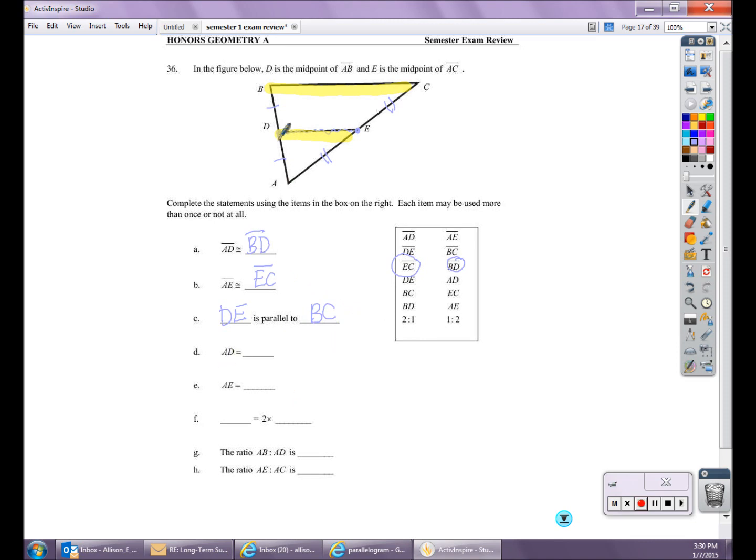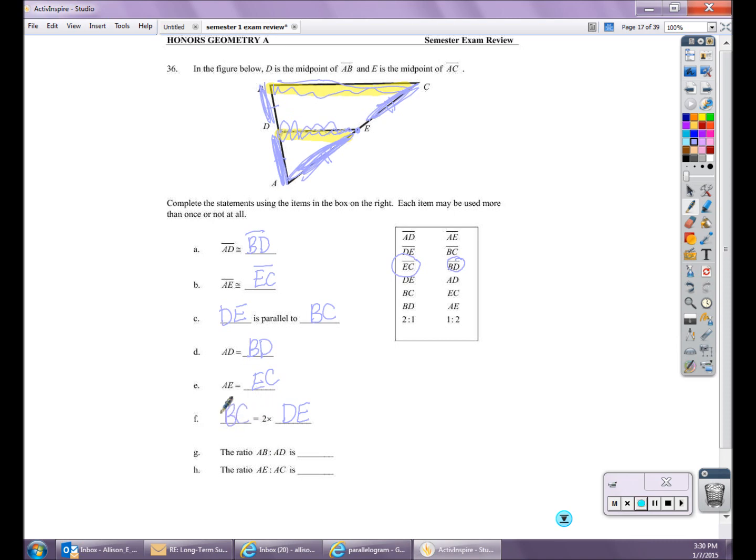AD right here equals this half, BD. AE, this half, is the same as this half, EC. Something is 2 times something. So 2 of this one, 2 of these equal the base, which is BC.